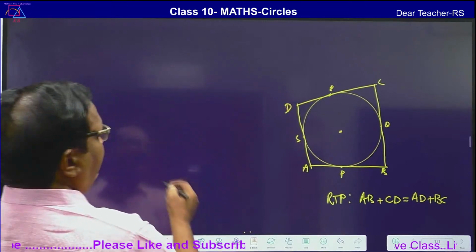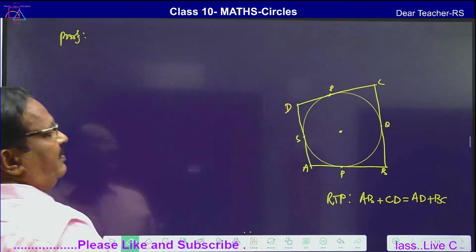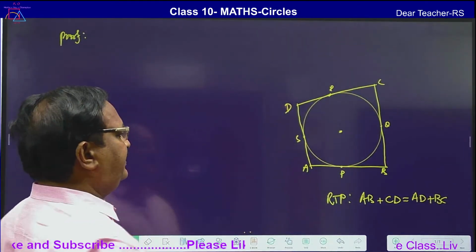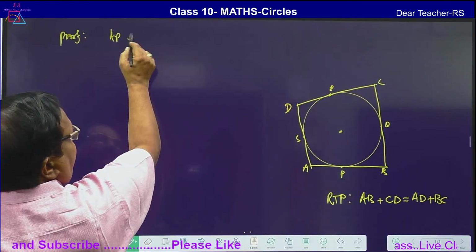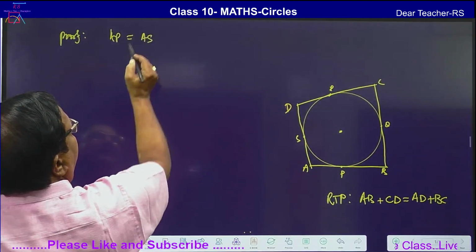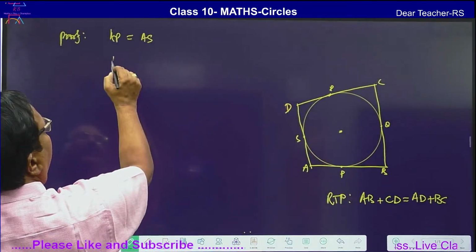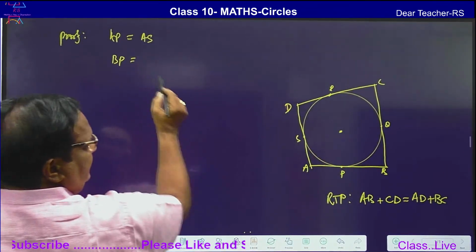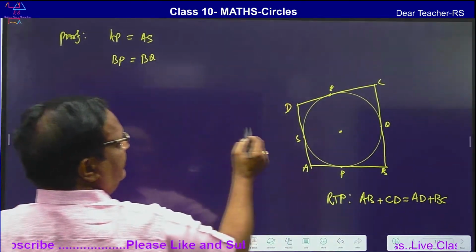Now let us start our writing. Whatever you know, you write it. So I am writing AP is equal to AS. A is the external point, AP is equal to AS, and BP is equal to BQ. For all these things, same reason.